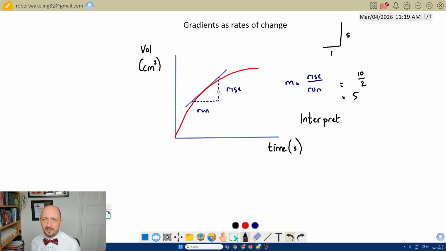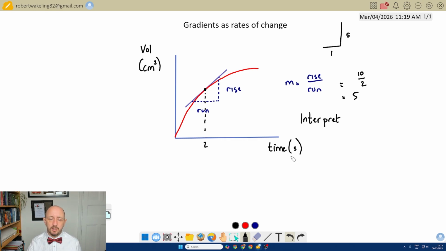So this is your classic rate of reaction graph, where it starts off really fast, then as time goes on it gets slower, and eventually it stops when the gradient is flat. If we work out the gradient at this particular moment in time, let's say 2 seconds in, then what has the gradient actually told us?